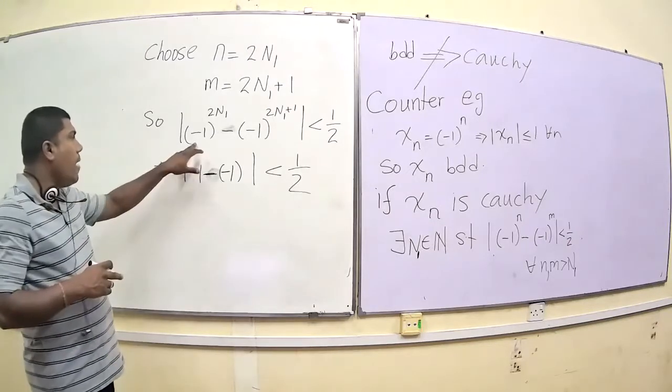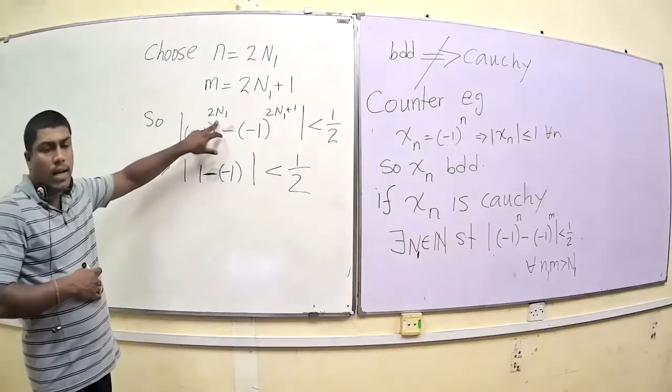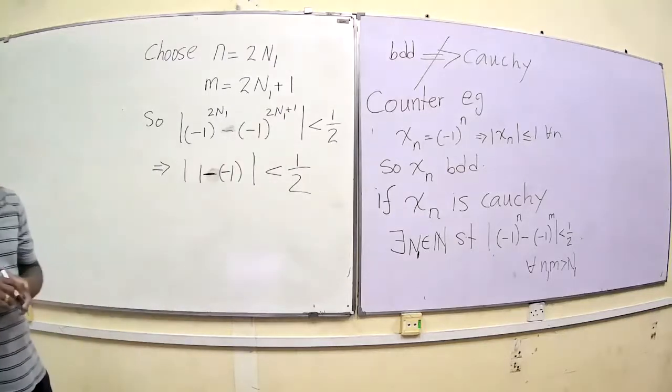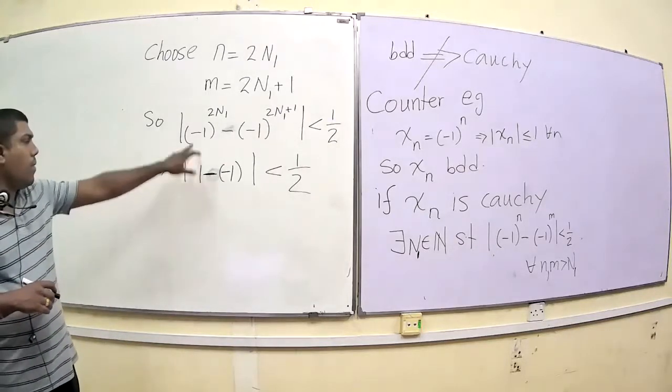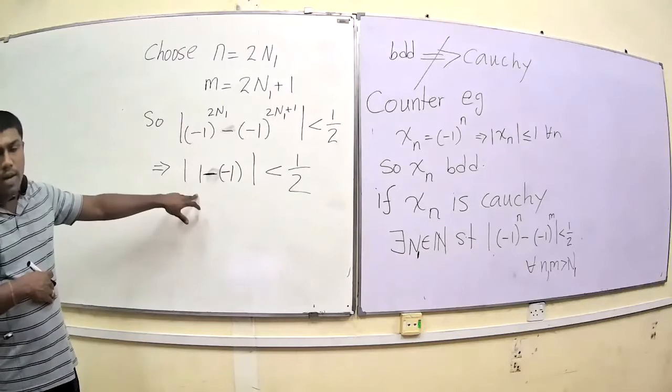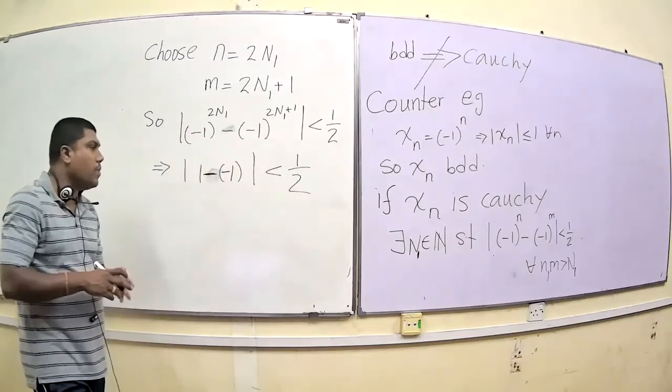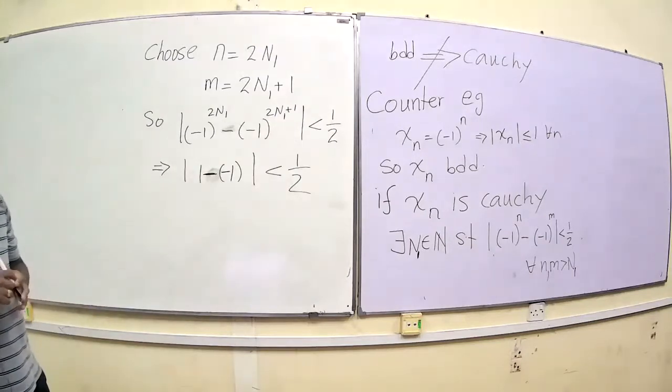So what you have is (-1)^(2n₁) minus (-1)^(2n₁+1), that is 1 minus (-1).